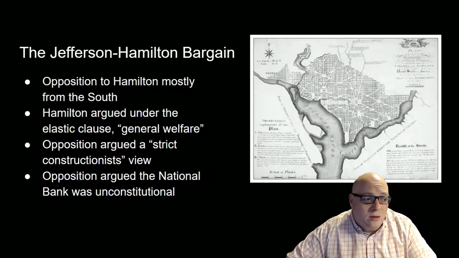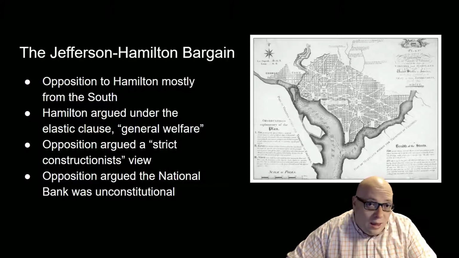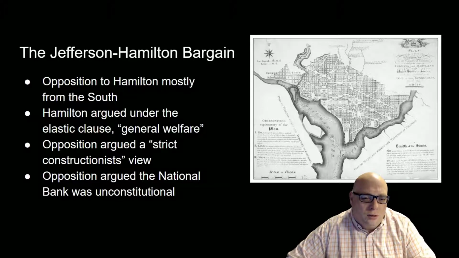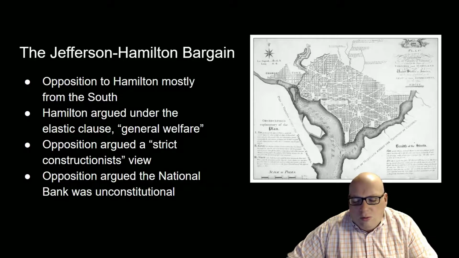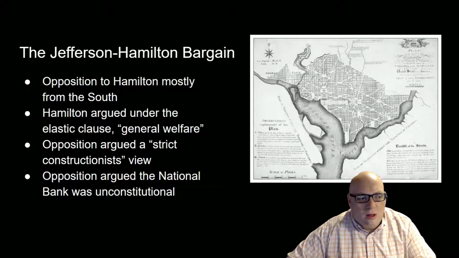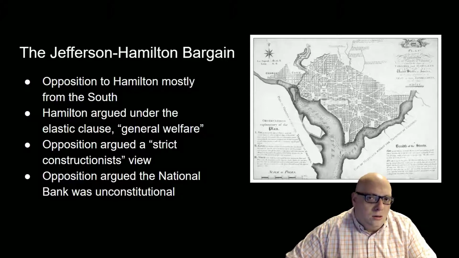In other words, it's not necessarily in the Constitution, but it is implied by the Constitution for the general welfare of the country. Jefferson would counter-argue that this is not in the Constitution, therefore it's unconstitutional. So you have a strict constructionist view of the Constitution by Thomas Jefferson, and you have more of an interpretive interpretation of the Constitution by Hamilton.